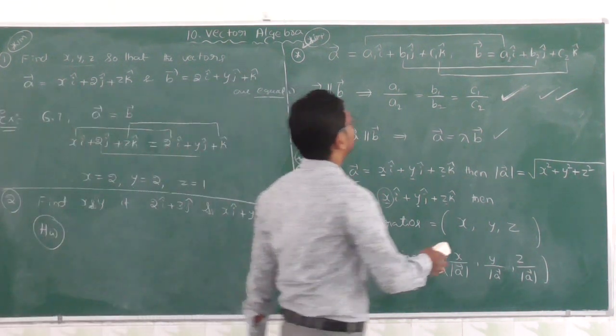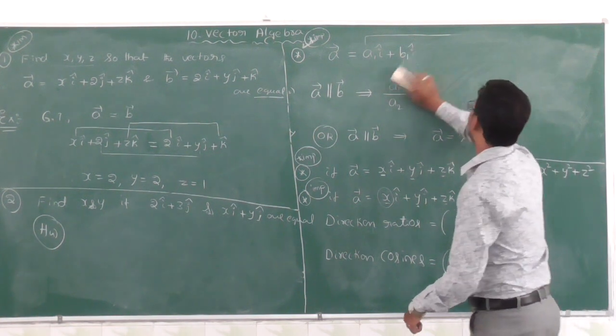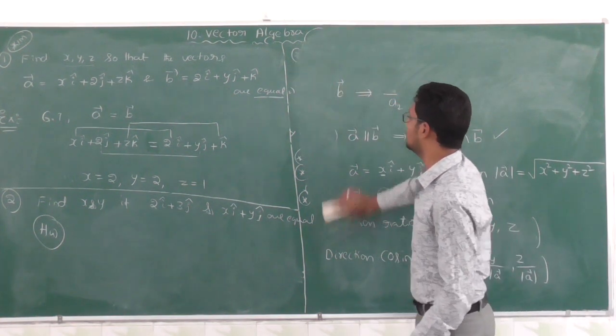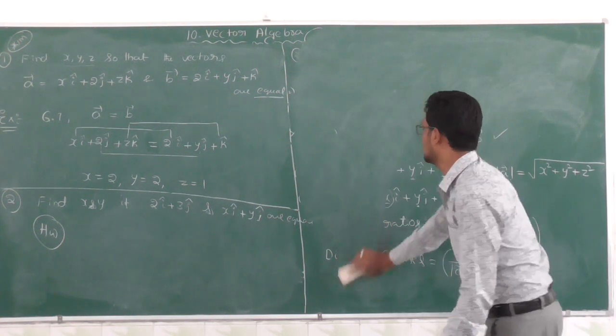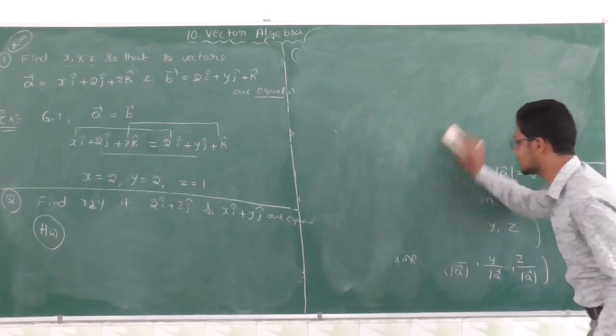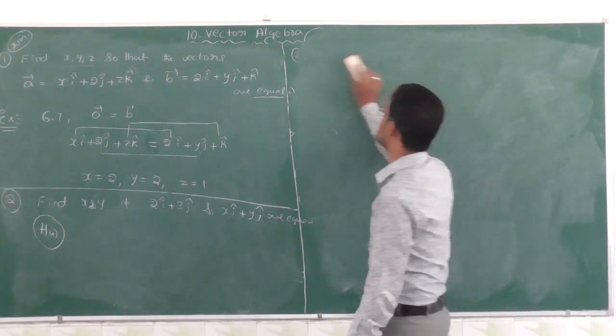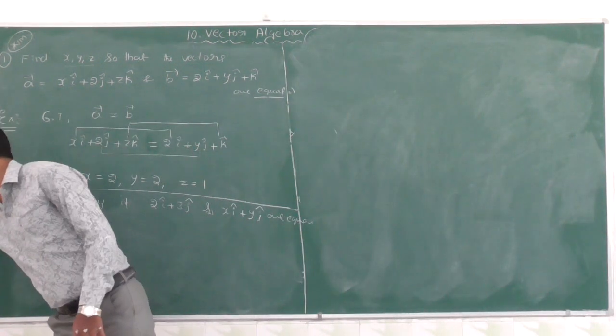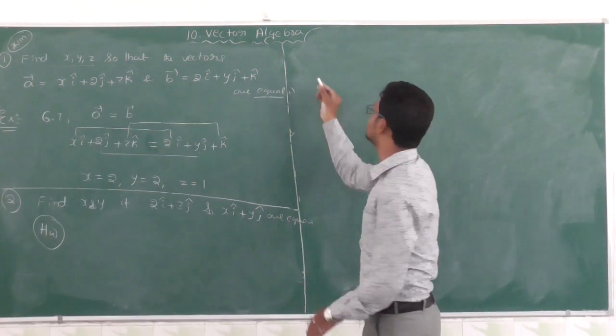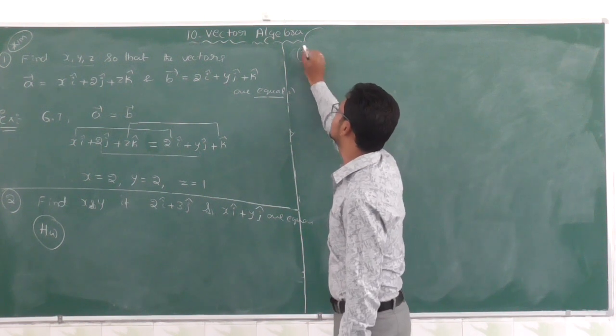Next question. Find the magnitude of the following. How to find the magnitude? I already told you: the square root of the sum of the squares of the scalar components or rectangular components. Third question.